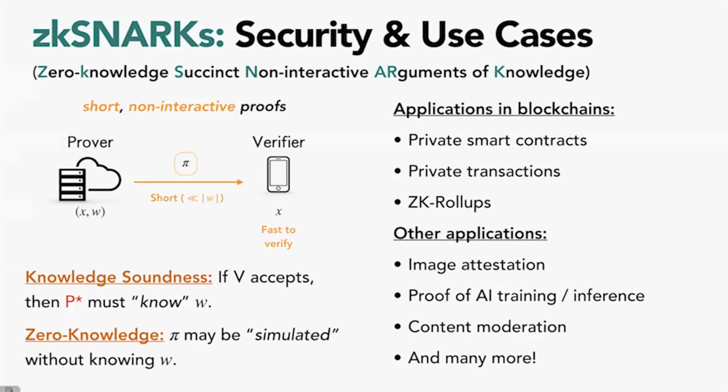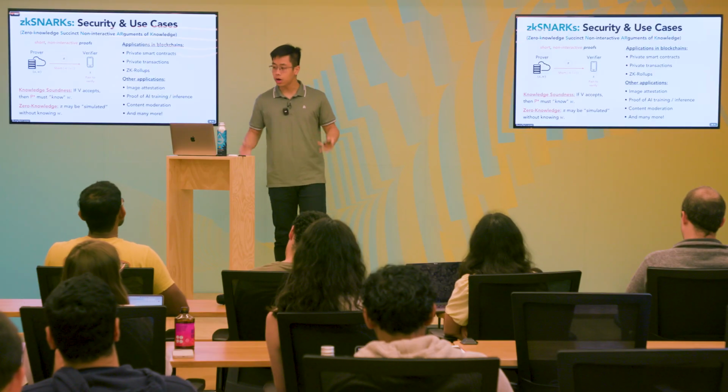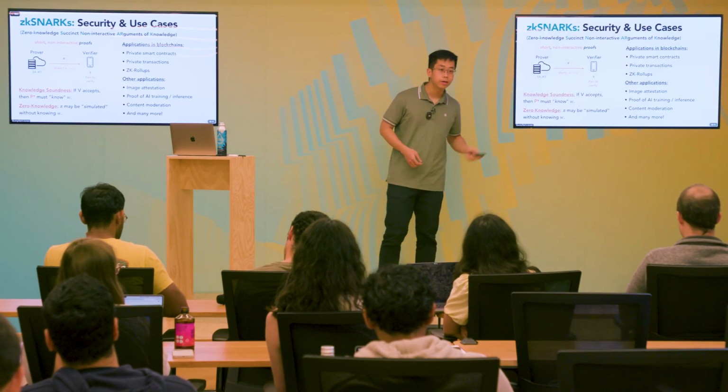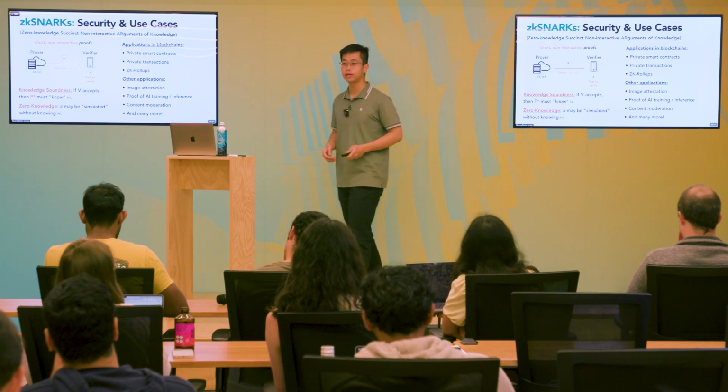In the blockchain space, we have all these zk rollups and the promise of private smart contracts or private transactions. I'm sure A16Z is working with a lot of portfolio companies on all of these exciting applications. But beyond blockchains, there are also many other interesting applications, such as image attestation.